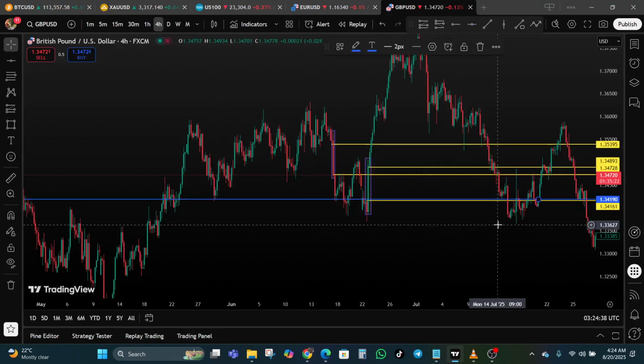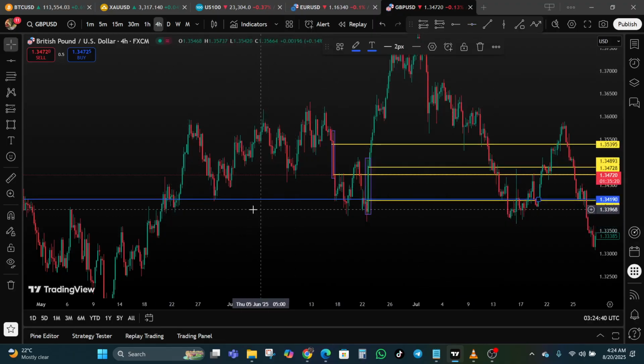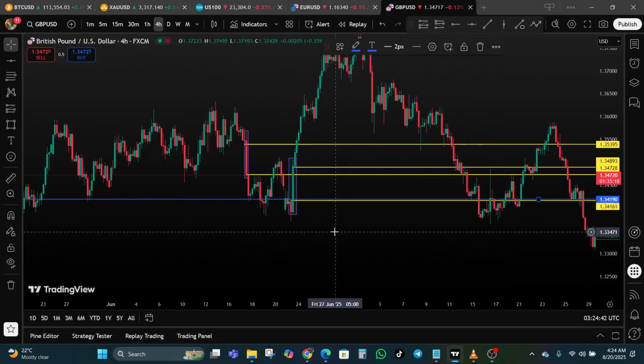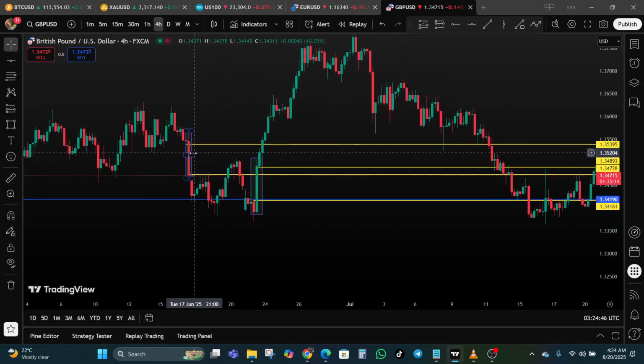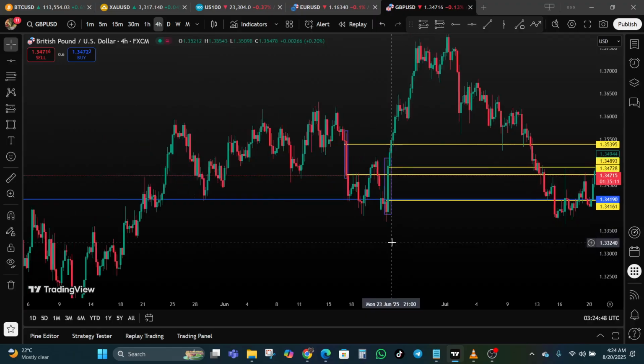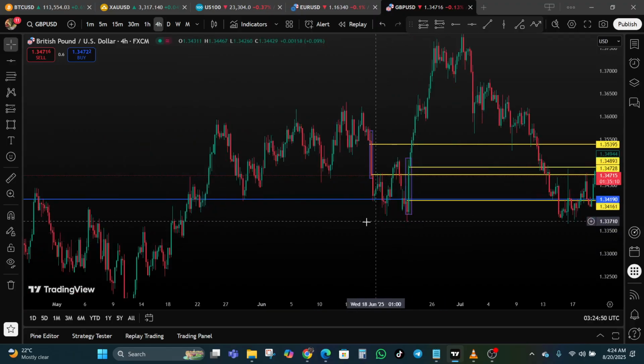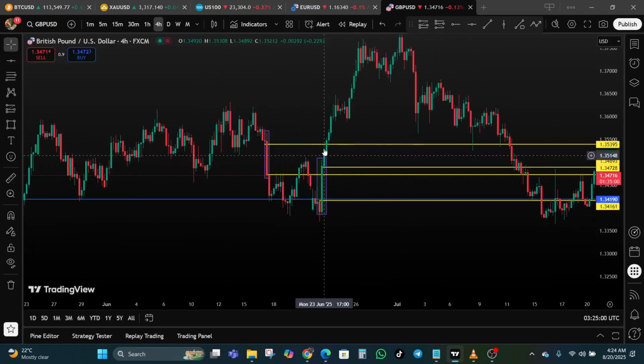As price came to test this particular support level, perhaps considering the fact that you're expecting price to fill up this void, you can look for a good entry point, get confirmation, and then look for a good buy opportunity to enter a buy trade. Then you set your stop loss appropriately, and you can just target the end of this liquidity void to take profit.